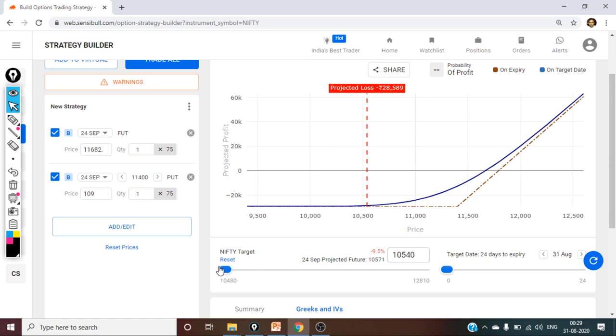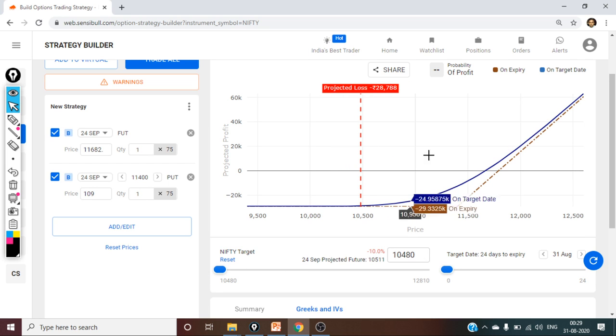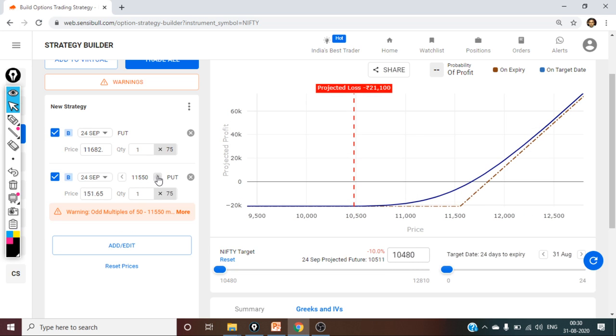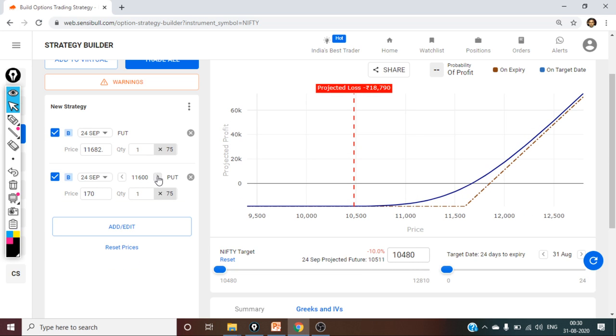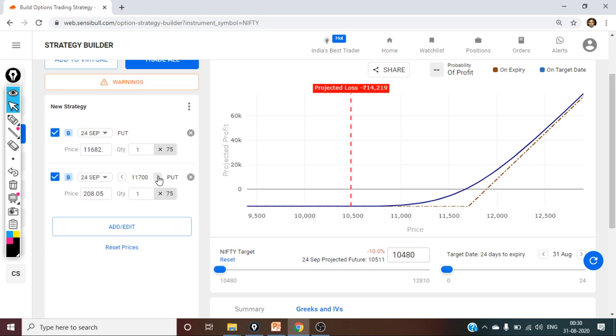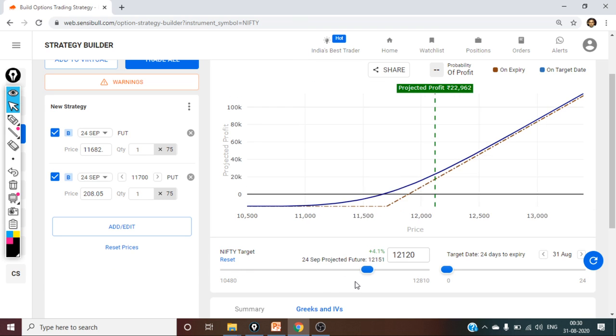That means your max loss will be near about 28,000 rupees. If you come upward, let's say you buy the 11,700 put to protect, near the at-the-money put, your maximum loss will be 13,000 to 14,000 rupees.